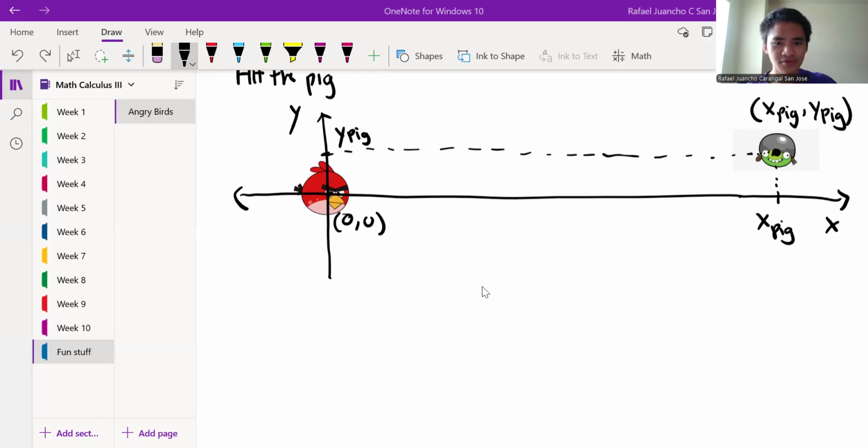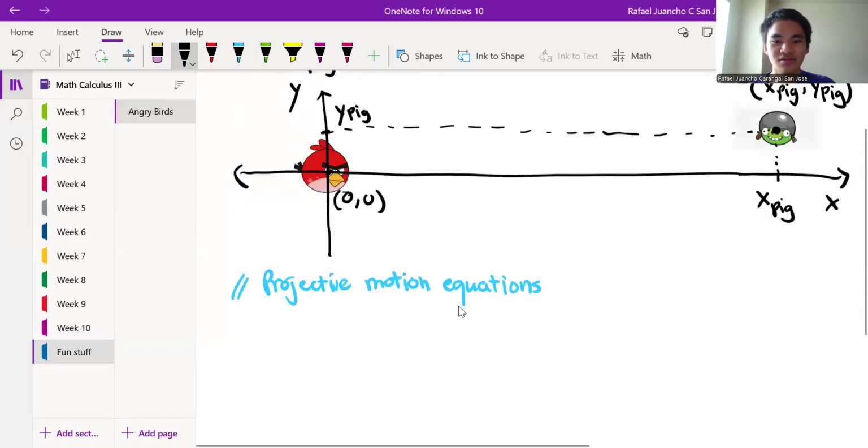So step one, we need our projectile motion equations. What do I mean by that? These are equations that will help us determine the position of the bird given some time.